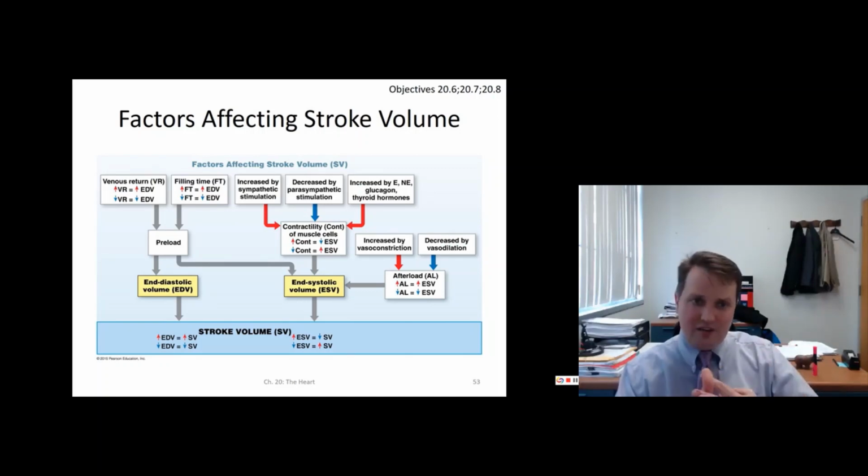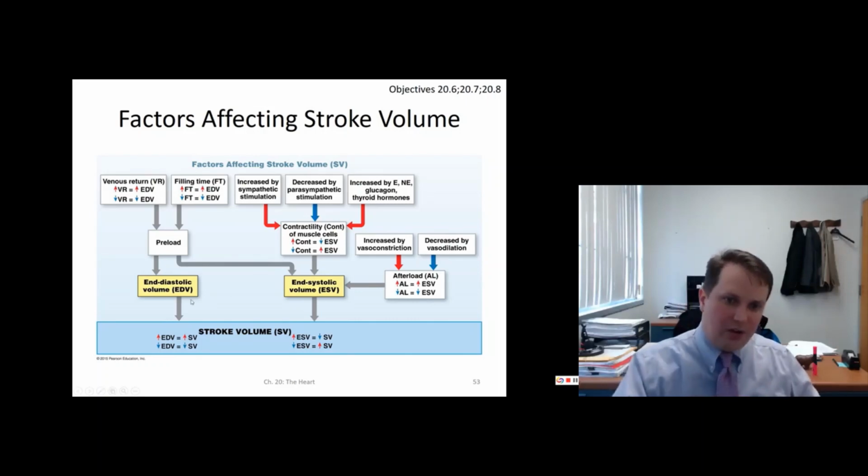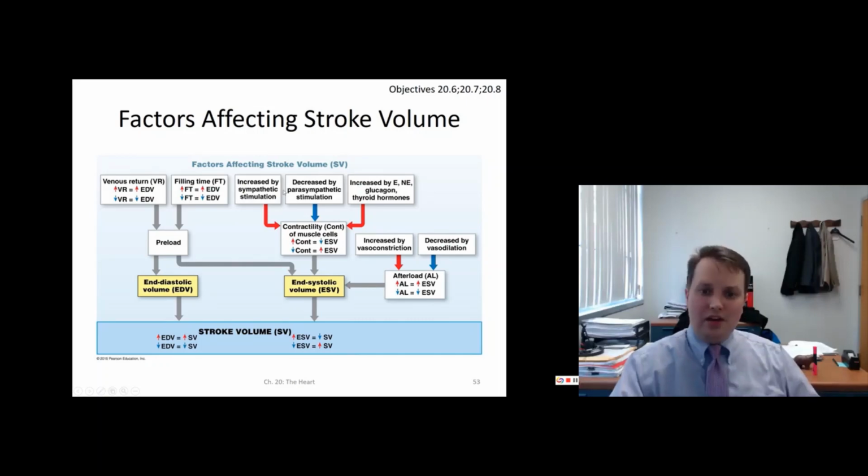Venous filling time affects the preload, and filling time also affects the ESV. We know that filling time affects the EDV because it affects the preload, and if filling time is increased, there's more blood in. Stimulation makes contractility go up.